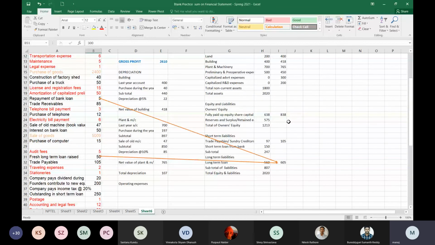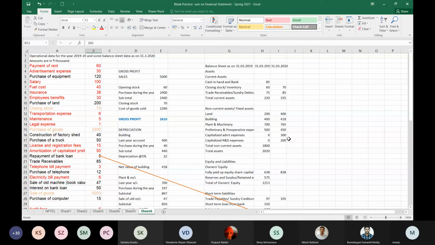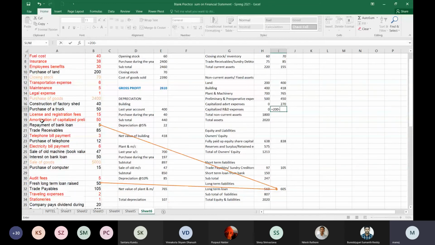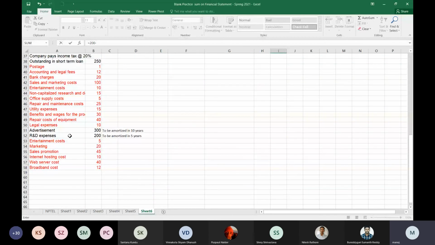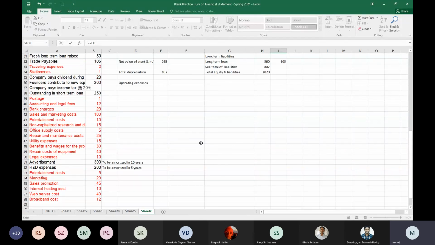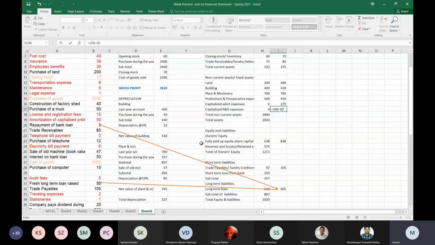So this does not become 300, this becomes 300 minus 30 rupees, that means 270. And this becomes 200 minus how much? Total cost is 200, you are going to amortize in 5 years, so annual amortization is 40 rupees. So it should be 200 minus 40 rupees, that means 160.